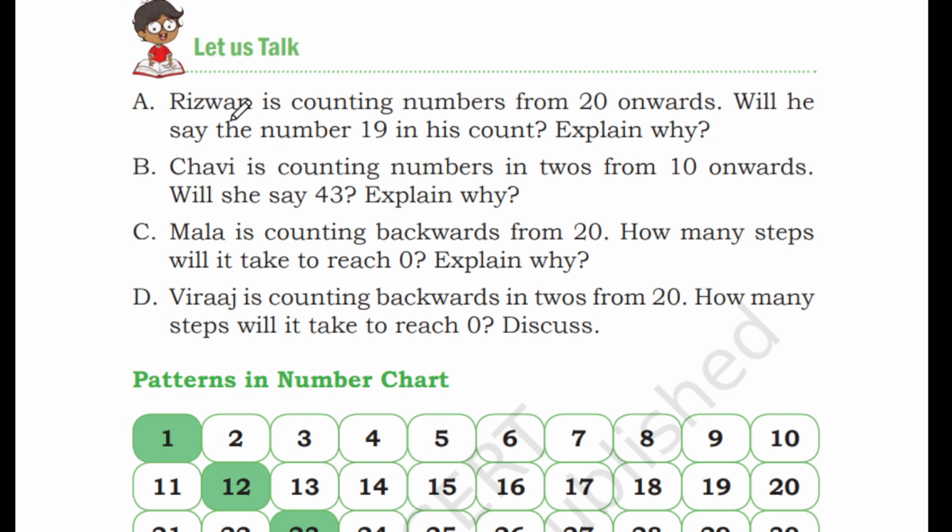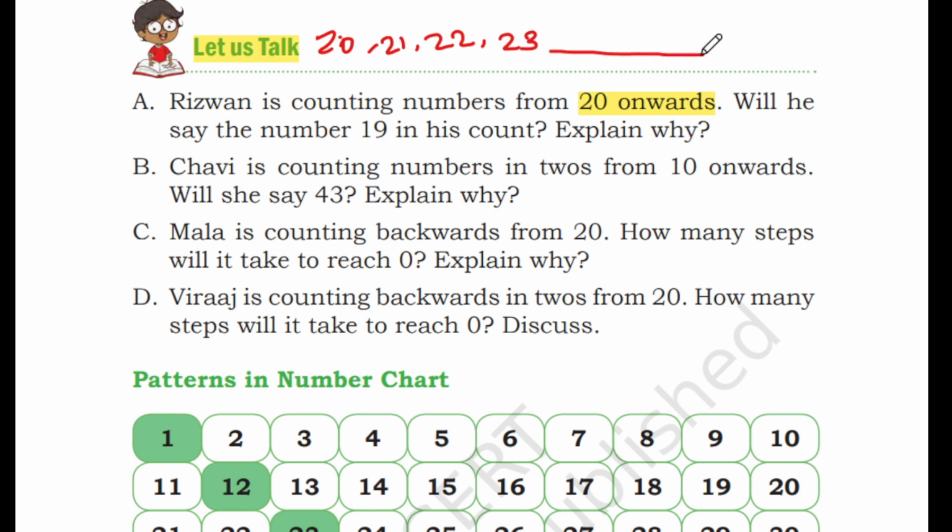So the next one is let us talk. So we have Rizwan is counting numbers from 20 onwards. What is he doing? He is counting numbers from 20 onwards. For example, he is counting 20, 21, 22, 23.